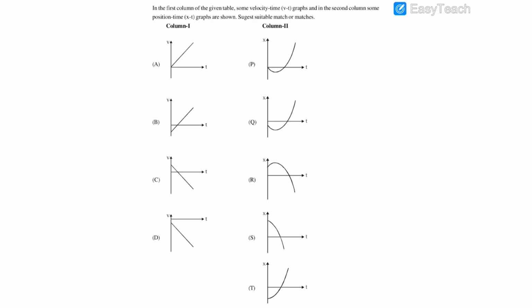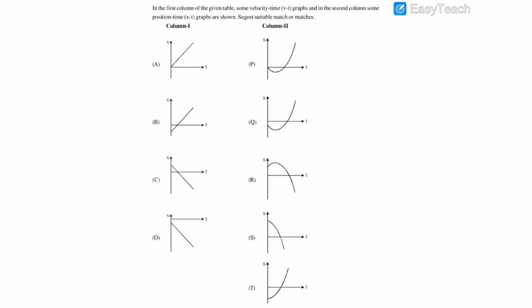in the upward direction. Okay, so you can see that at t equal to 0, velocity was 0, and then velocity starts to increase. So the displacement time graph would be a parabola opening in the upward direction.